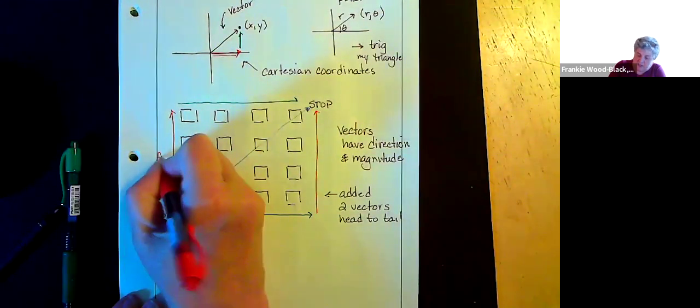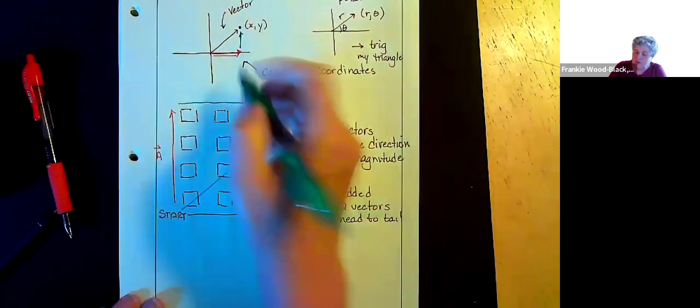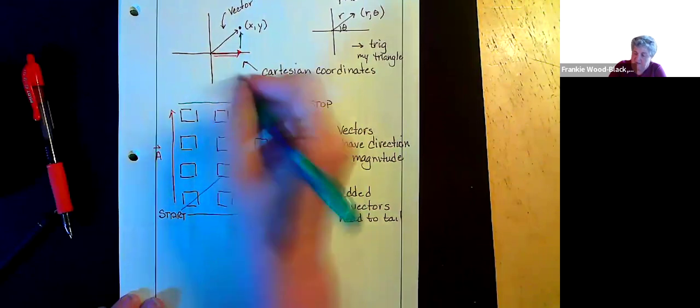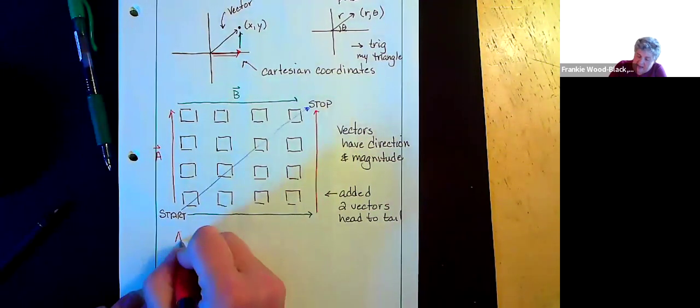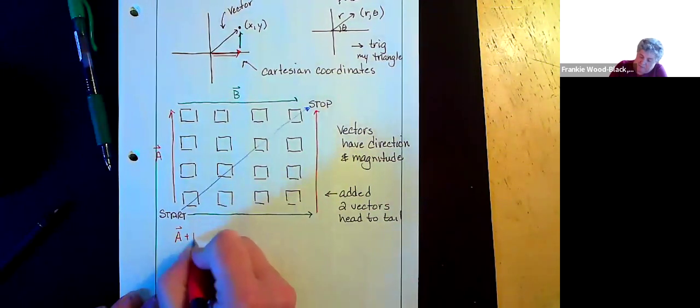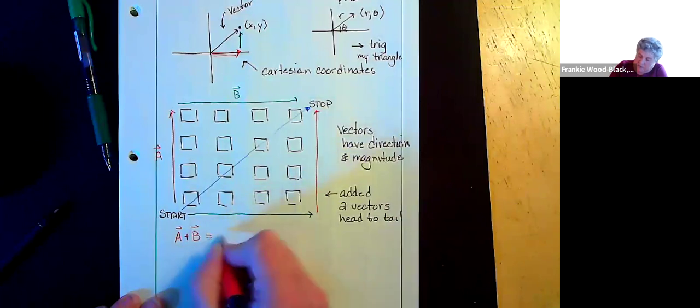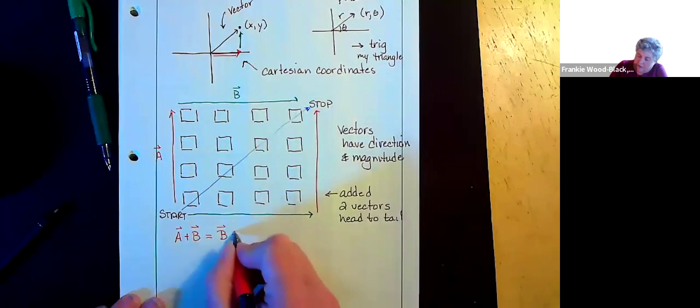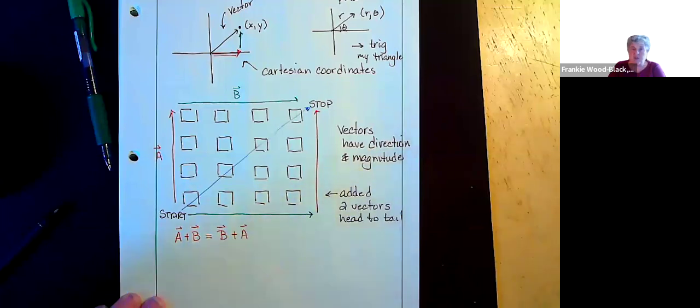We call this vector A, and we call this vector B. What I've just shown is that A plus B is equal to B plus A. I don't have to worry about the order.